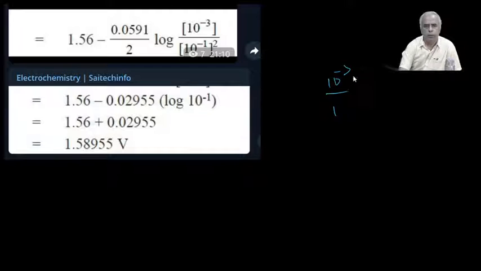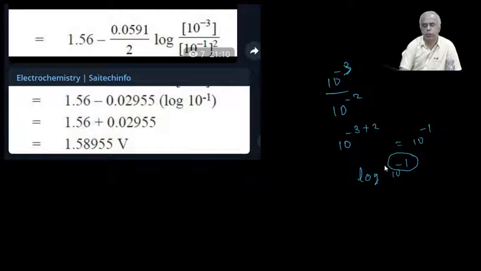10 power minus 3 divided by 10 power minus 1 whole square. Minus 1 whole square means minus 1 into 2, minus 2. So 10 power minus 3 plus 2, that is 10 power minus 1. Therefore log 10 power minus 1; you can apply the power rule also.